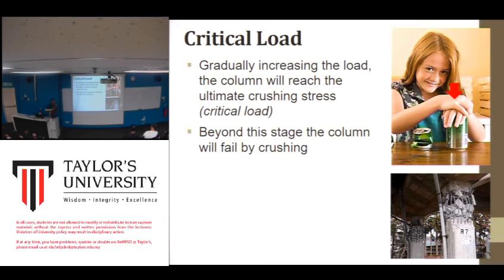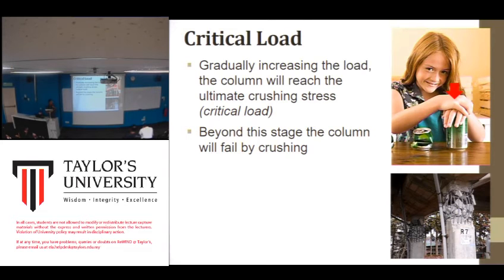If the load is within the design limit of the column, or maybe slightly higher but still within the safety margin of the column, it might be compressed a bit. It might go down. In the case of concrete, you can't really see it because it's very rigid, very hard.